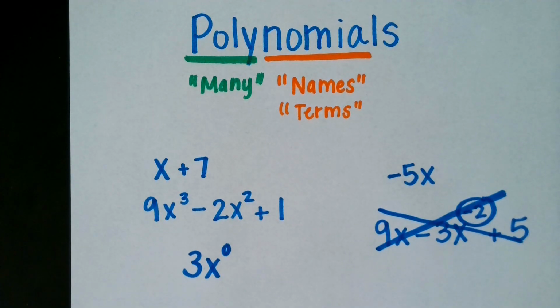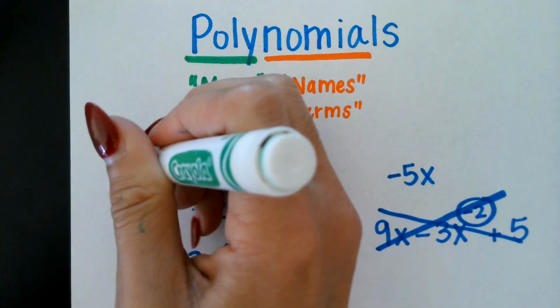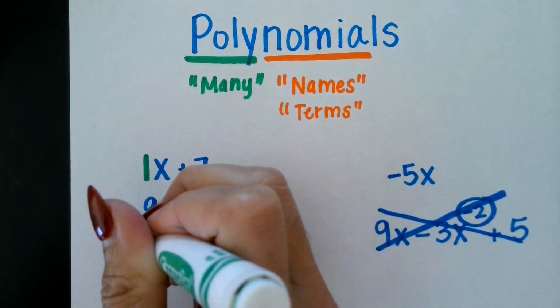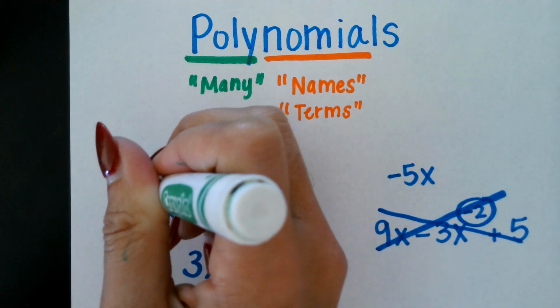But it's still considered a polynomial because the definition of a polynomial is that you have a term that has a coefficient, so all your terms have a coefficient. That would be the number in front of each of the variables.